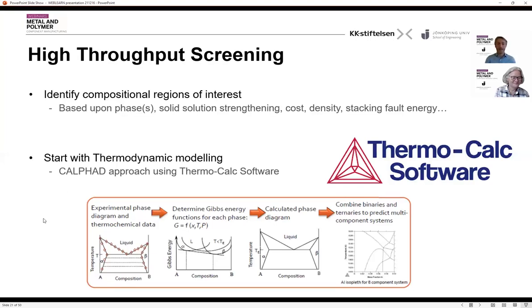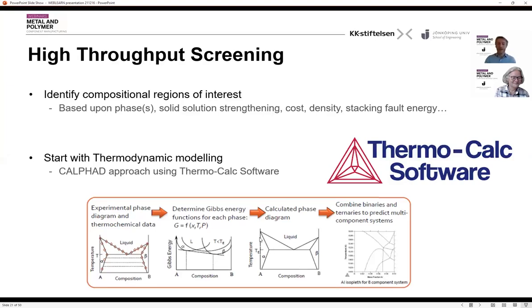It takes experimental data from binary and ternary systems to calculate the Gibbs free energy as a function of the composition, the temperature, and the pressure. From the free energy curves for each individual phase, you can then calculate a phase diagram.